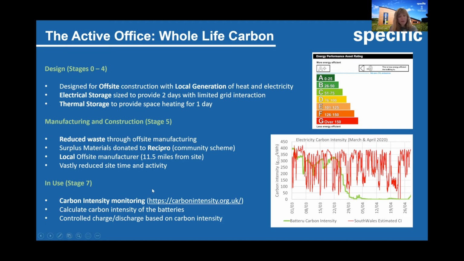In use, carbon intensity actually forms part of our control strategy. We monitor the intensity of the electricity grid and calculate the battery carbon intensity. One of the control strategies is based on reducing overall carbon emissions in use, the detail and impact of which I will outline next.